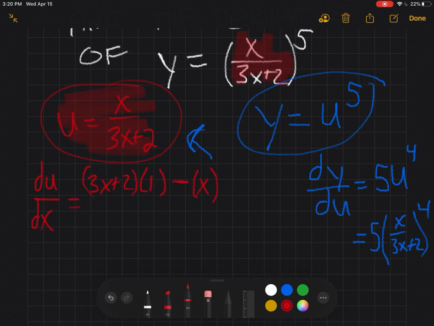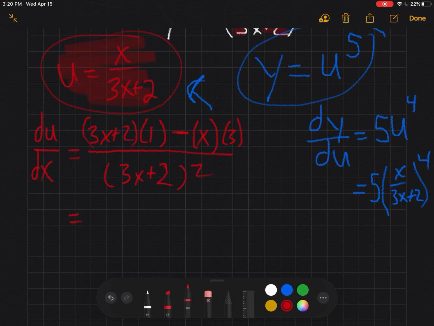So the quotient rule tells us that what we're going to do is take the denominator and leave it alone, 3x plus 2. Leave it alone. Take the derivative of the numerator and multiply it. Then we're going to subtract the numerator, leaving it alone, and then take the derivative of the denominator and multiply it. And that's all over the denominator squared.